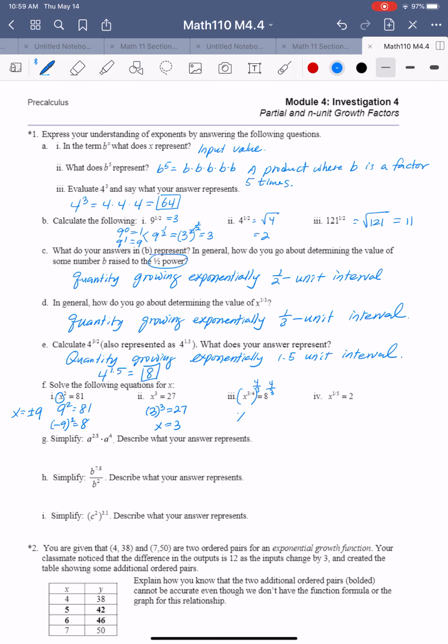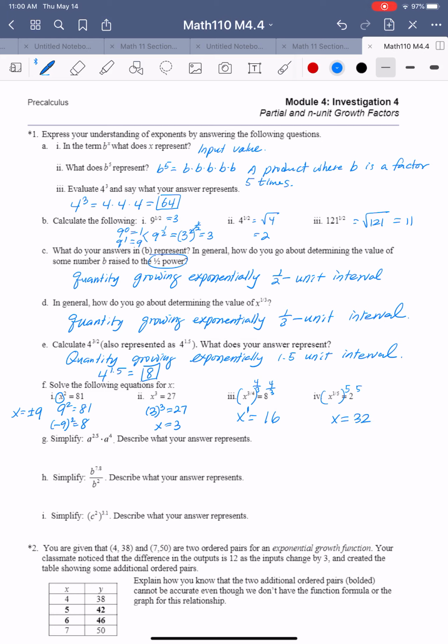That means you get x by itself as a first power, and then 8 to the fourth power is going to be 16. And same here too. If you put the power 5, then x cancels, and then you get 32.